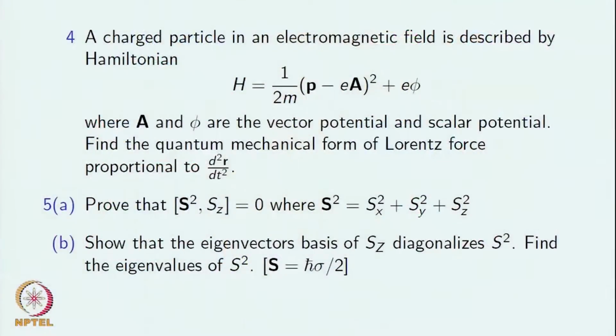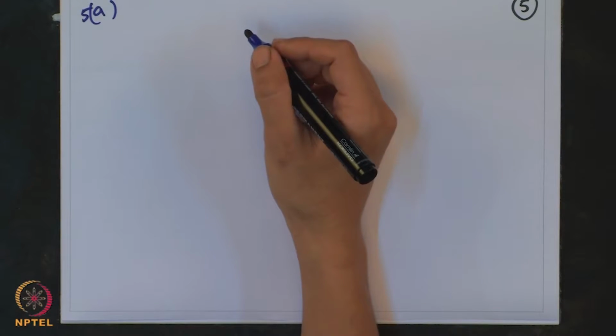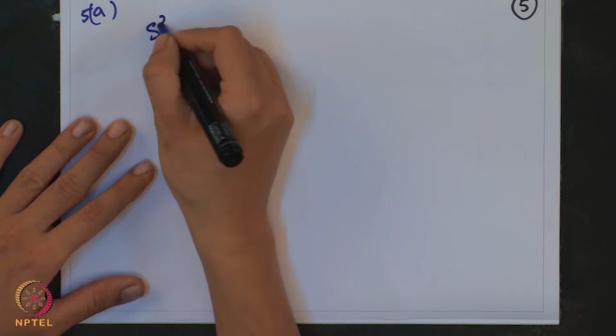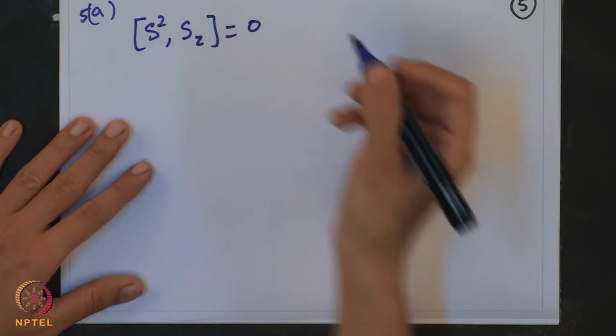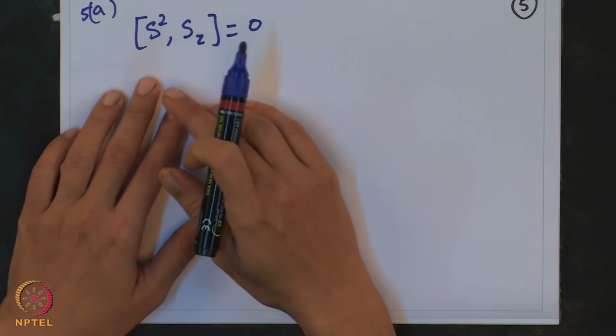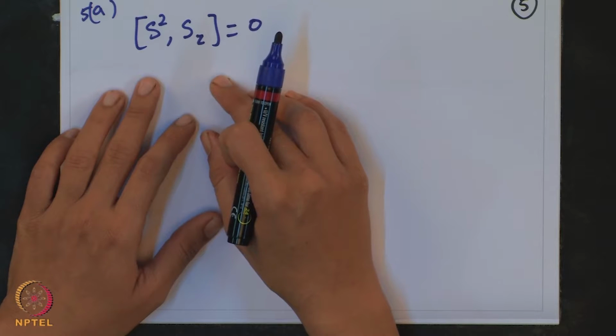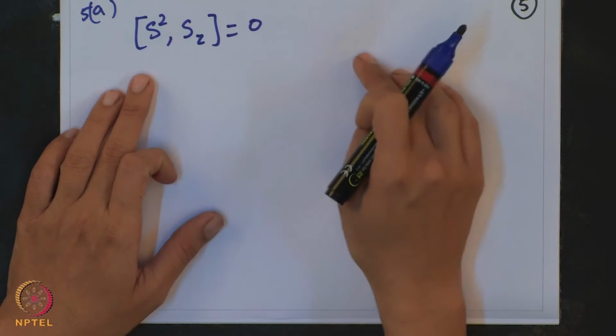And the fifth problem, after the exercise on the commutator bracket and the Pauli spin matrices in the previous tutorial, you will find very simple. In this, you have to prove that S square and Sz commute. What happens if S square and Sz commute?